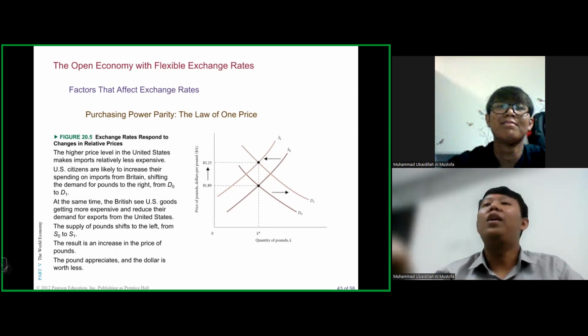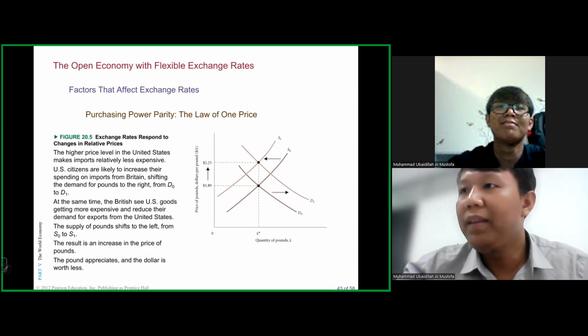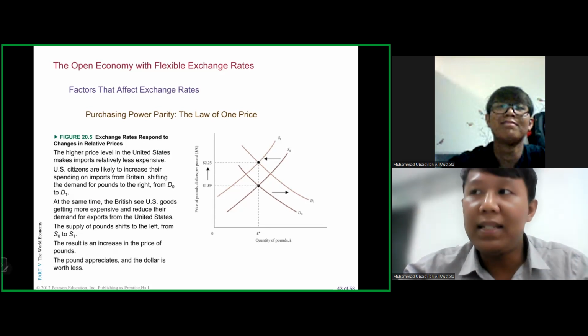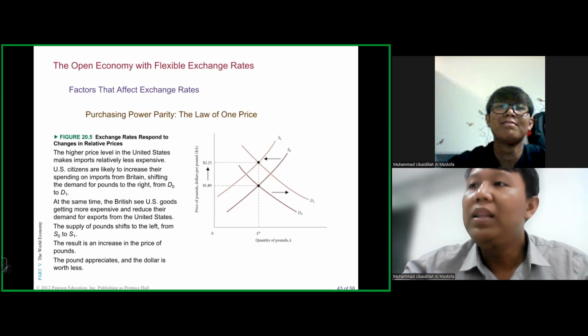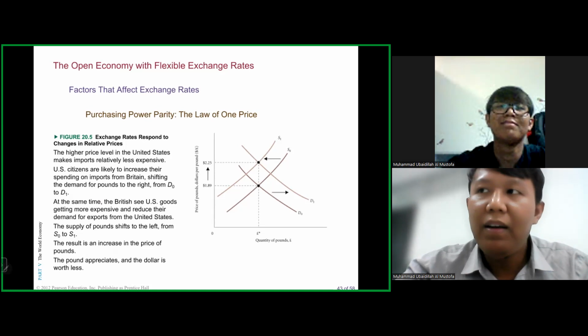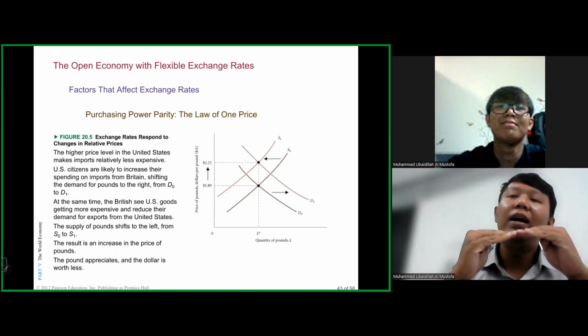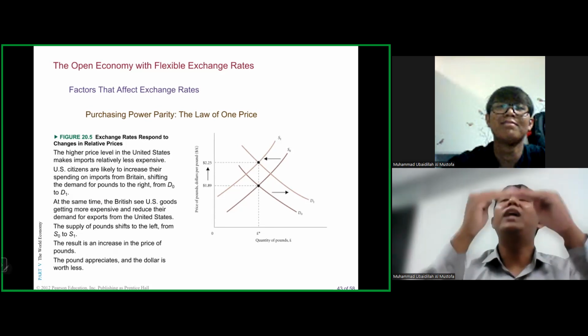This is the opposite of what I just explained. If we have inflation, this will make imports relatively less expensive. Why? Because our local products are more expensive now.